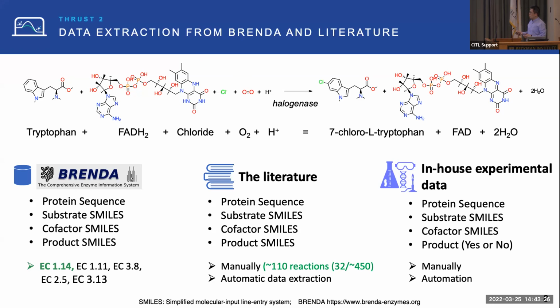If you want to know at which position we got the halogenation, this is quite hard, because currently we should use NMR to identify the specific structure of the product. So we also have some limitations if we really want to generate high throughput data by ourselves.